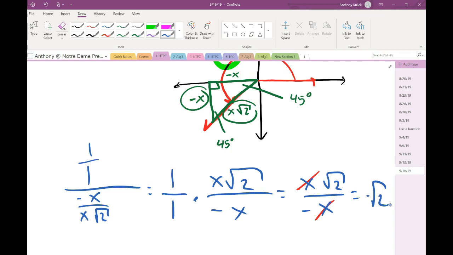I don't really have the specific locations memorized on the unit circle per se. You know what I mean? Understanding how you make it is easier for me than memorizing everything on there.